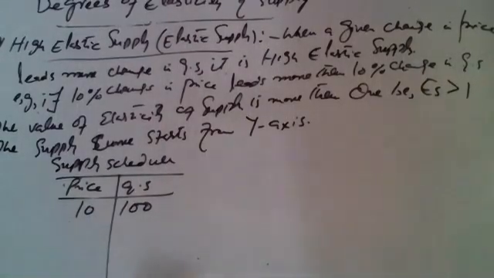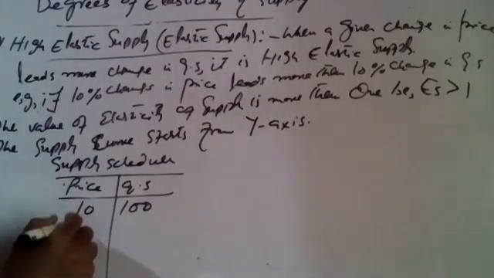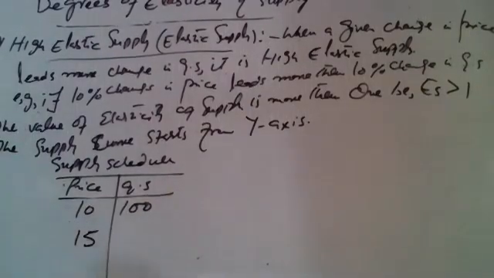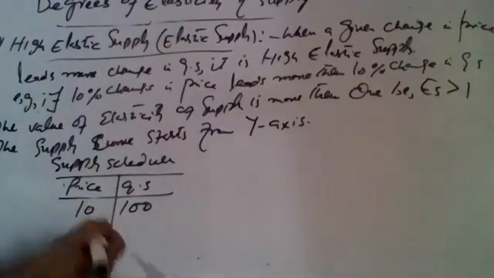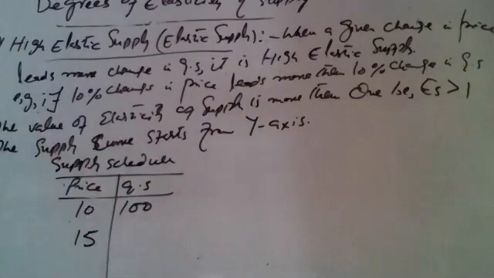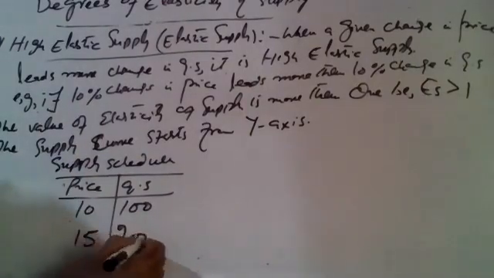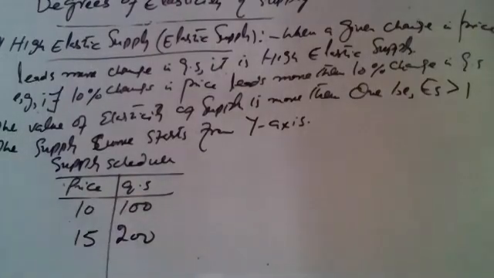For example, a 50% change in price: price increases from 10 to 15 and supply changes by more than 50%. It could be 60%, 70%, 80%, 90%, or 100%. Here, say 100%.